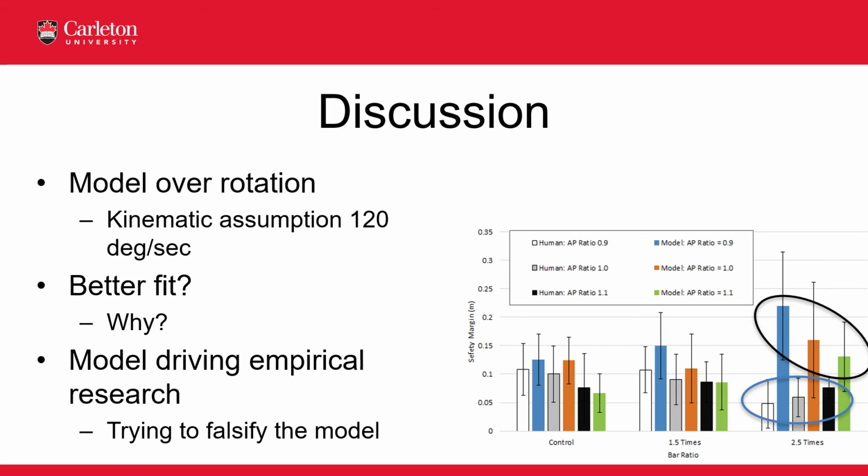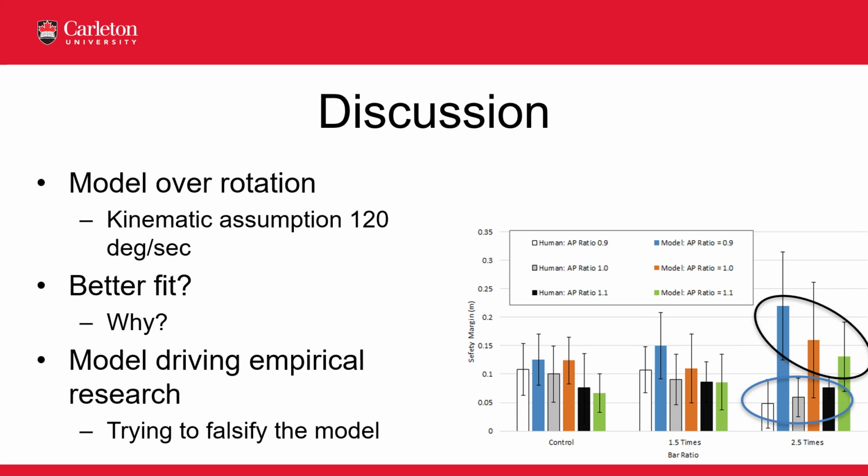But it seems doing so would ignore the fact that the model is constrained by the physical and kinematic properties of the task. Fitting the data in this case would be missing the point, I think, where the model could be used to drive empirical research, right? In this case, we would want to push empirical research to try and falsify the model.